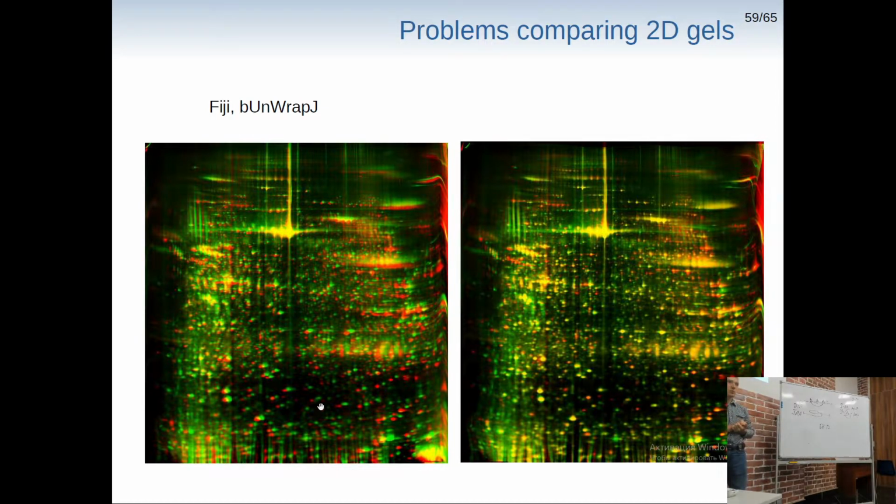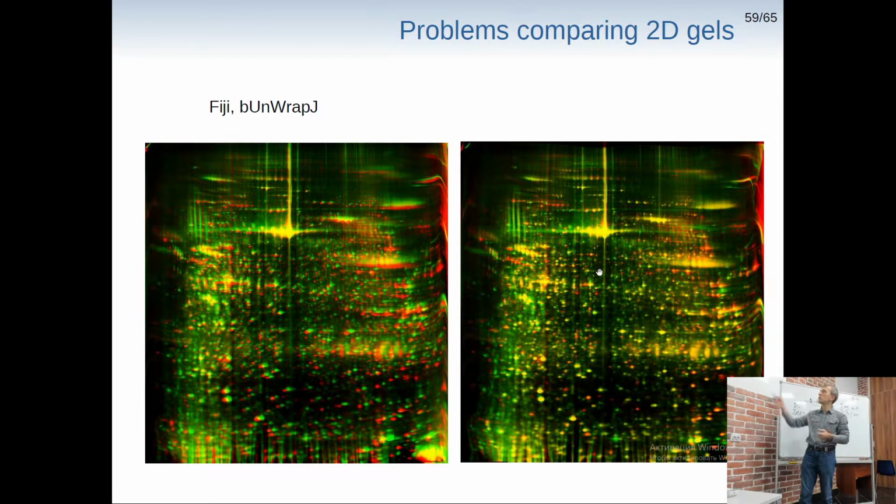First solution, and I will show it in practice this Friday, is to use a special algorithm with the free program Fiji, and there is such a plugin, BUnwarpJ, which allows you to just bend the gels a little bit in such a way that the difference will be as minimal as possible, because most of the proteins, especially housekeeping proteins, will be the same, right?